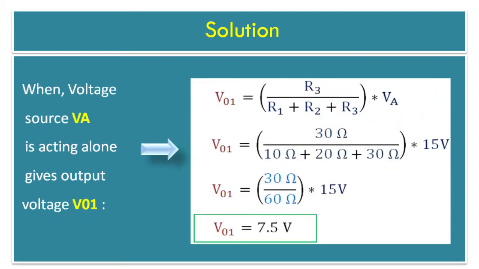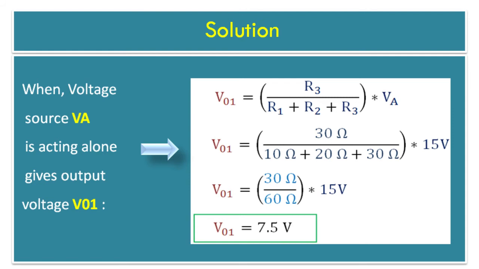Now find output voltage V01. With reference to the previously studied circuit diagram, voltage V01 is calculated as V01 is equal to resistor R3 divided by R1 plus R2 plus R3, multiplied with the voltage source VA. Now substitute values: VA is equal to 15 volt, R1 is equal to 10 ohm, R2 is equal to 20 ohm and R3 is equal to 30 ohm.